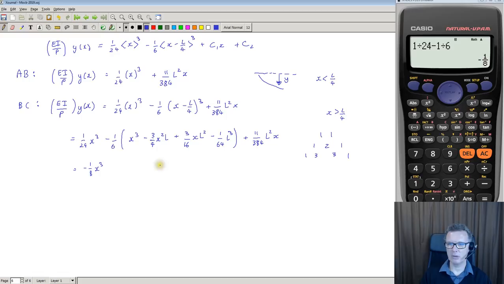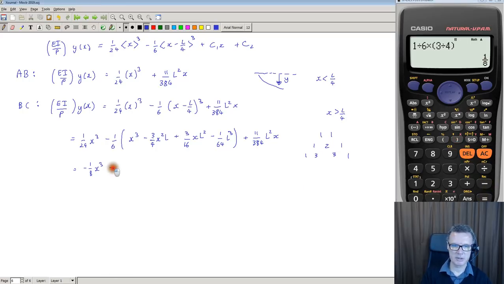Let's bring our x squares together. The only one I've got is this term here. So that is minus 1/6 times by minus 3/4. We're going to be positive.